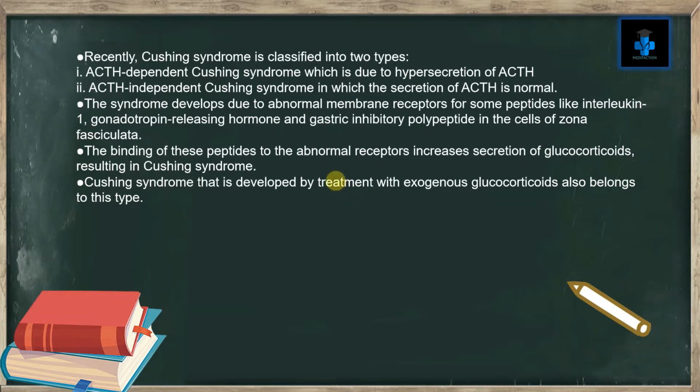The syndrome develops due to abnormal membrane receptor for some peptide like interleukin-1, gonadotropin-releasing hormone, and gastric inhibitory polypeptide in the cells of zona fasciculata. The binding of these peptides to the abnormal receptors increases secretion of glucocorticoids, resulting in Cushing syndrome. Cushing syndrome that is developed by treatment with exogenous glucocorticoids also belongs to this type.